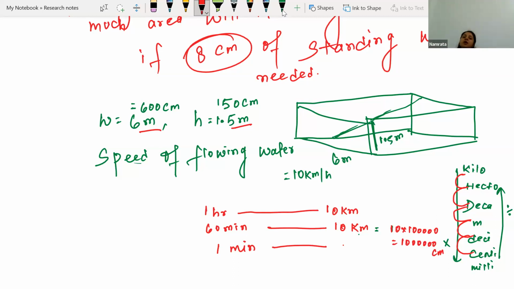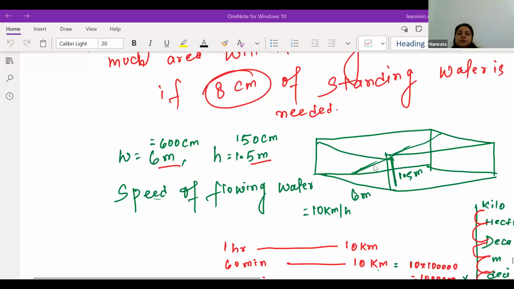Or you can also keep everything in, just a moment. Let me share it again. Yeah.